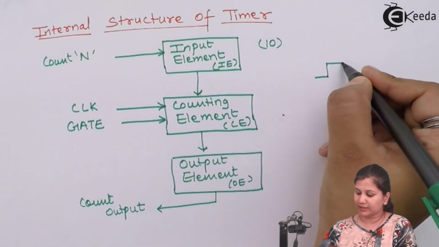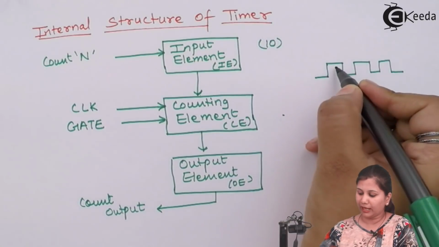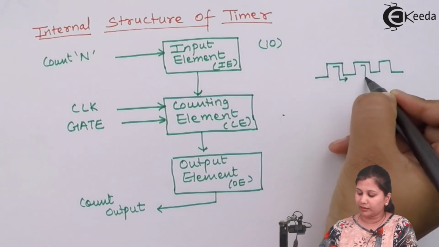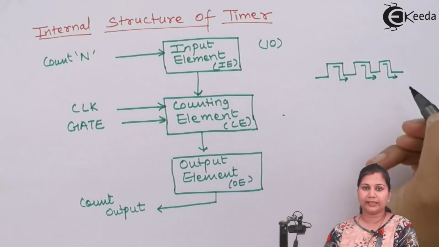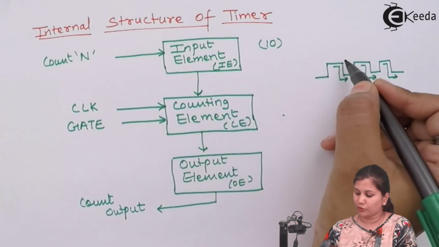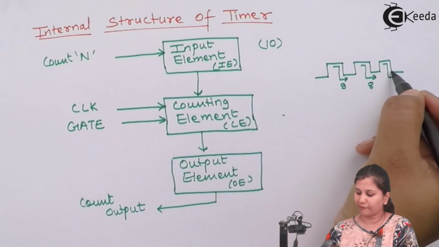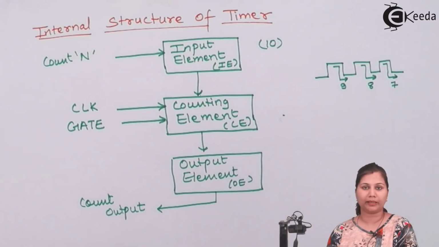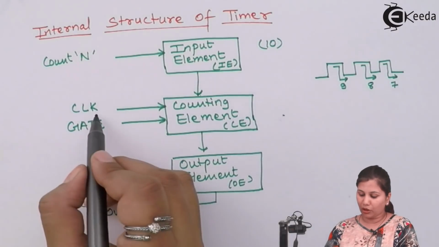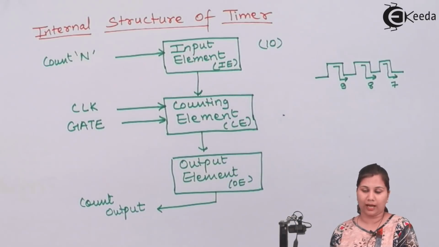Because if you see, this is the clock pulse. So for every high to low transition, the counter is going to be decremented. Suppose we have loaded the counter with 10, so for this it will become 9, for this it will become 8, and for this high to low transition it will become 7. So when the clock pulse is given, the counting element will start decrementing the count.